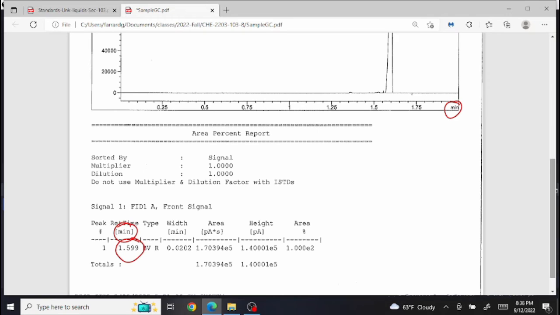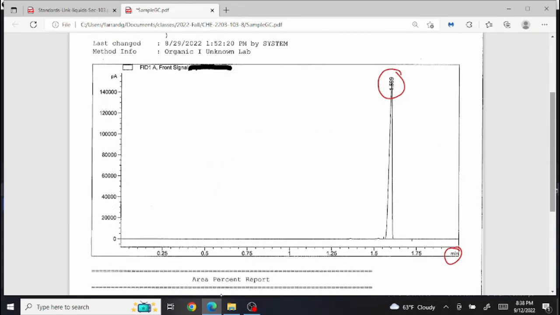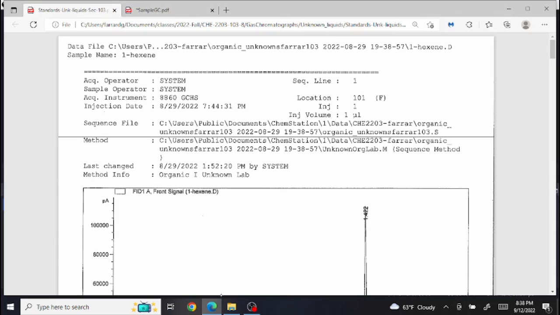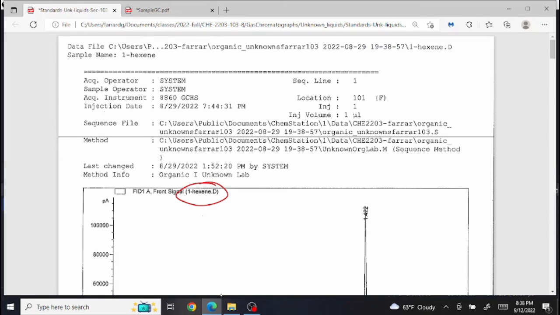To identify what this compound is, we would look at the standards. So we would then go to the appropriate standards for our section, and we would look at the retention times of the various compounds. Note here that we have the identity of this component. This is 1-hexene.